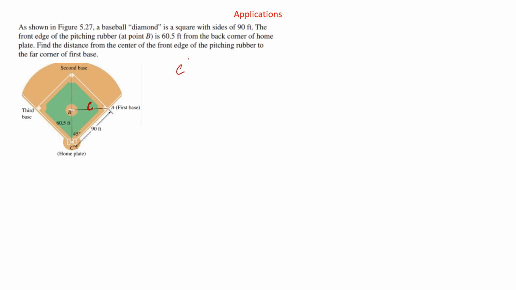So c squared is going to be a squared, 60.5 squared, plus b squared, 90 squared, minus 2ab times cosine of c, which is 45 degrees. In this case, we just need to do the calculations, then we'll square root.